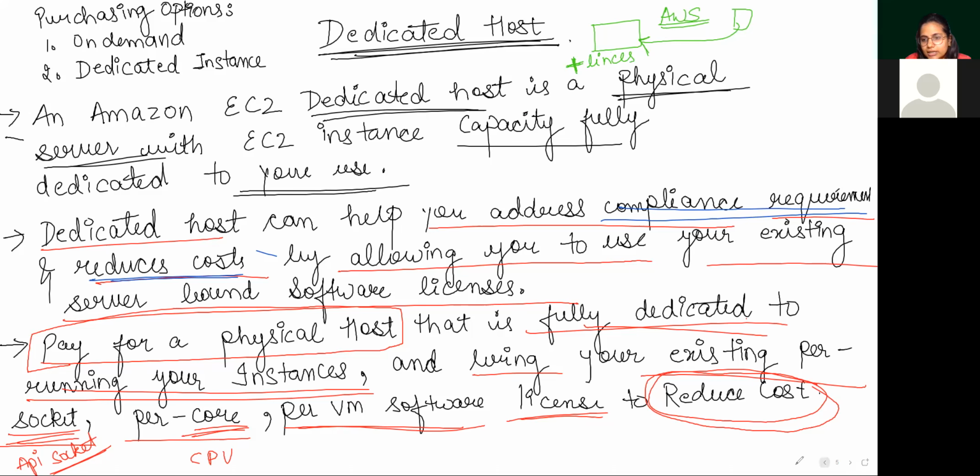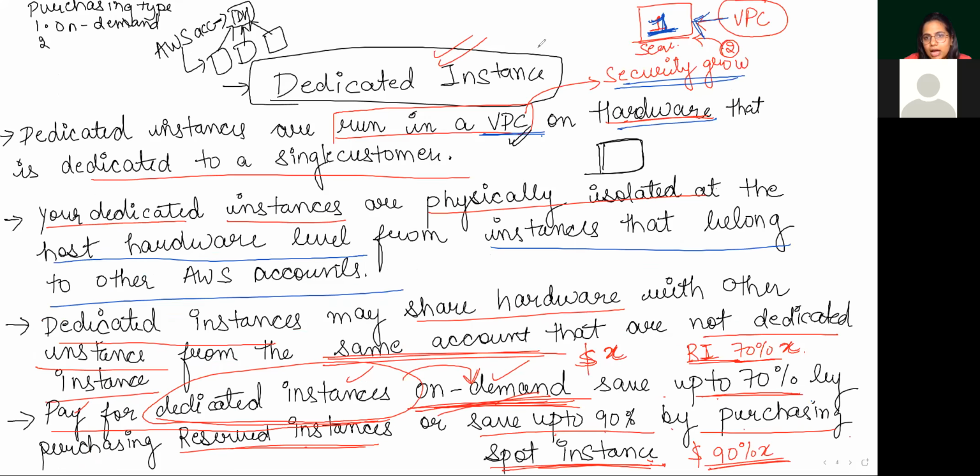With dedicated instances, you can't have the facilities of licenses that you can invoke inside. The dedicated host is a physical server, and dedicated instances are like virtual computers that are physically dedicated, isolated. They are not completely different, but they are isolated.